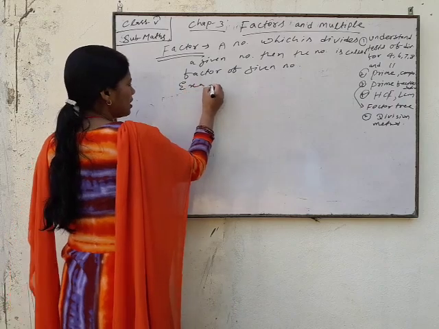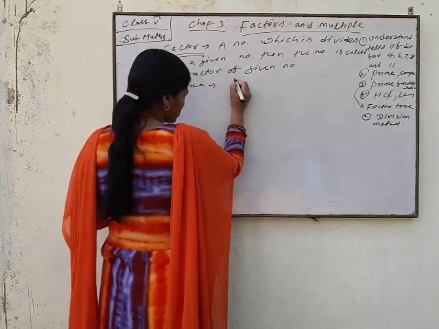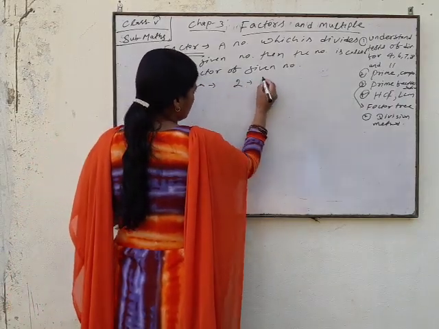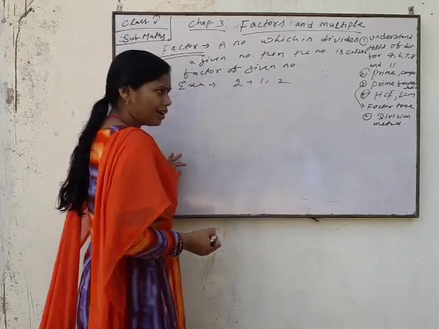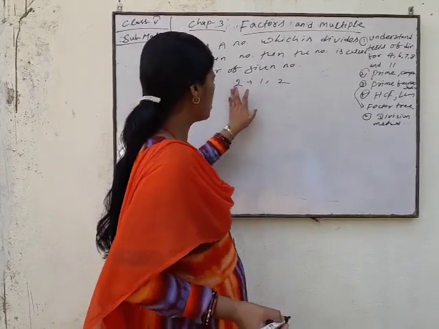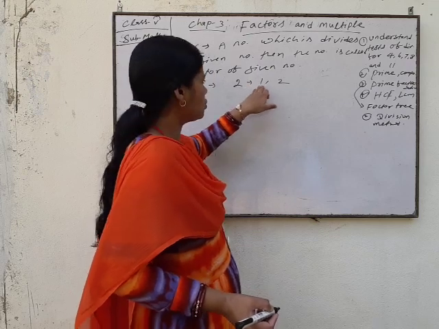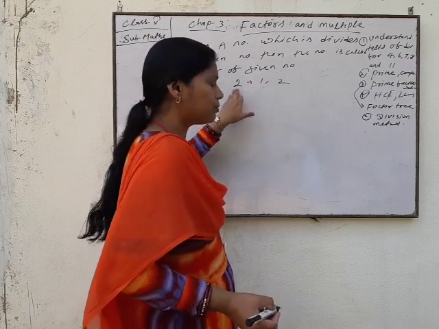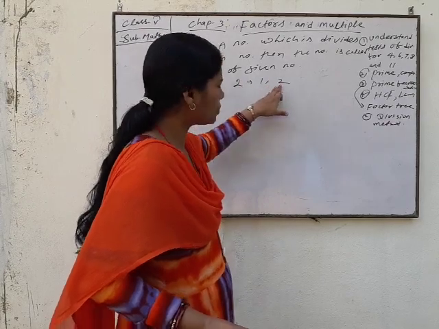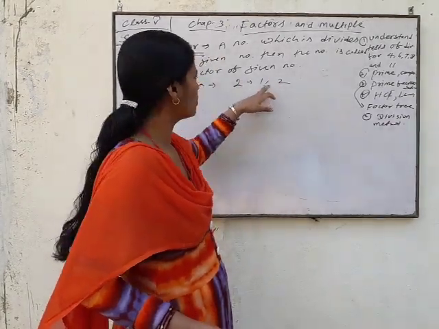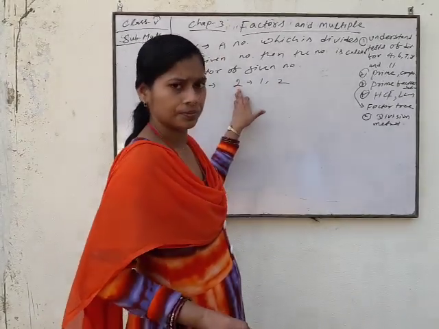For example, suppose the factors of 2: 1 and 2. It means 2 is completely divided by 1, so 1 is called a factor of 2, and 2 is also a factor of 2. Clear?